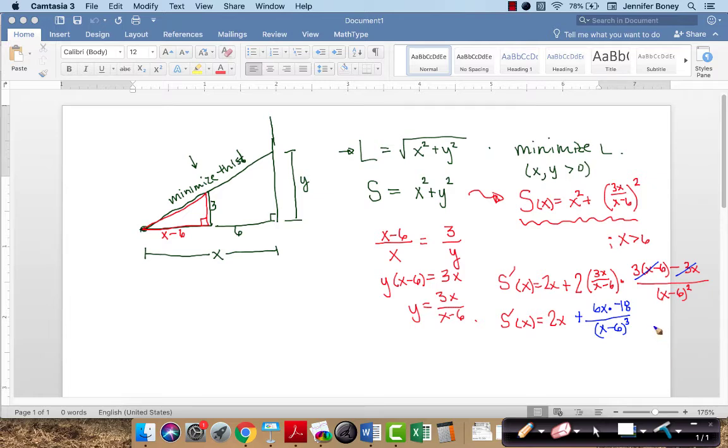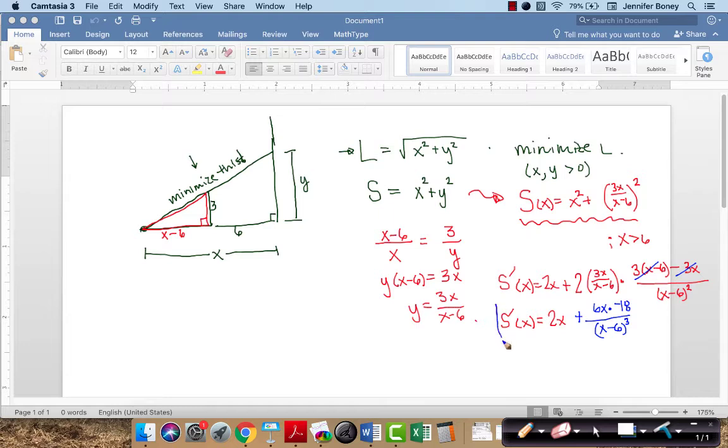So in terms of solving for when this is undefined or 0, it'd certainly be undefined if x was 6, but if x was 6, that would be the ladder going straight up into the air. That's certainly not going to minimize this. So if I want to know when this is equal to 0, it's going to be a mess. Let me just show this on GC. There are two things you can do.